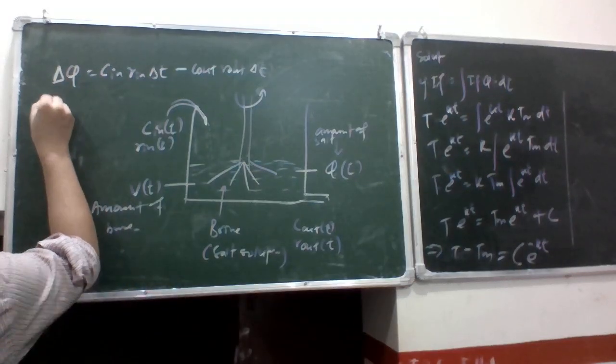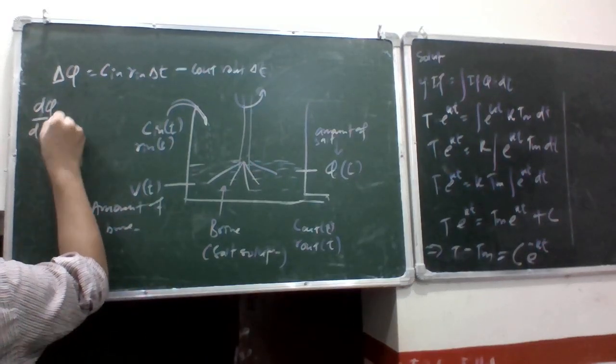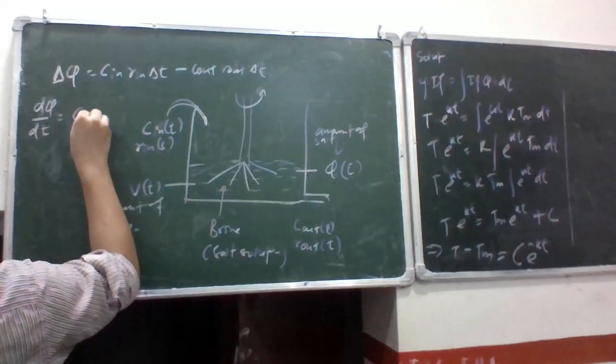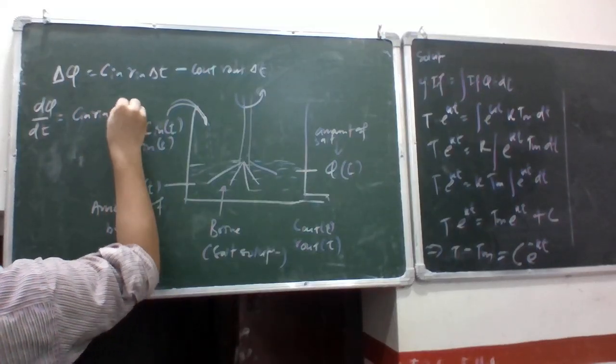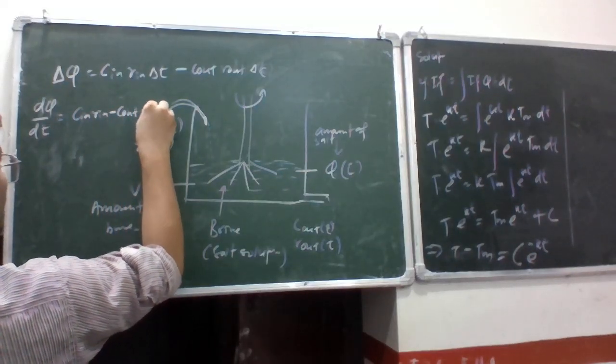Now at a particular instantaneous time, that would be C in R in minus C out R out.